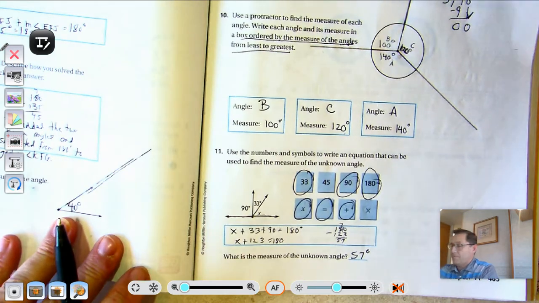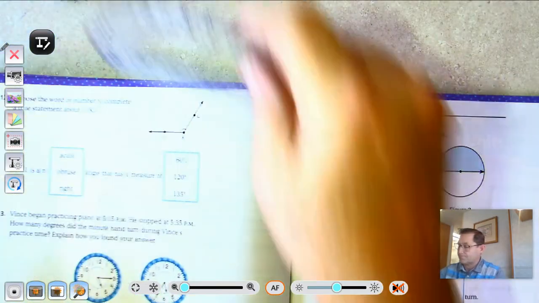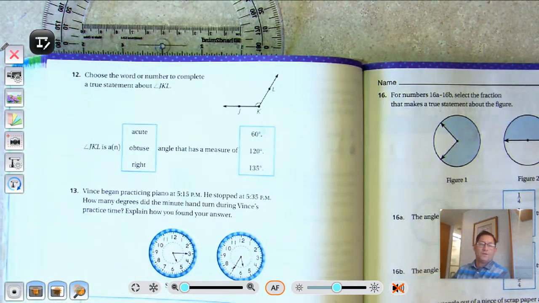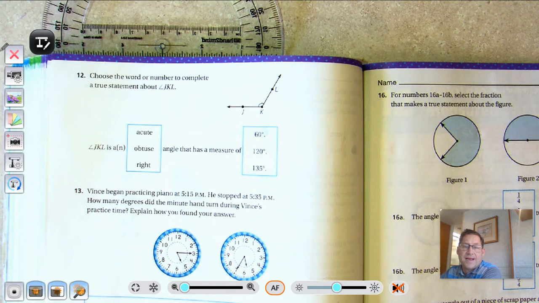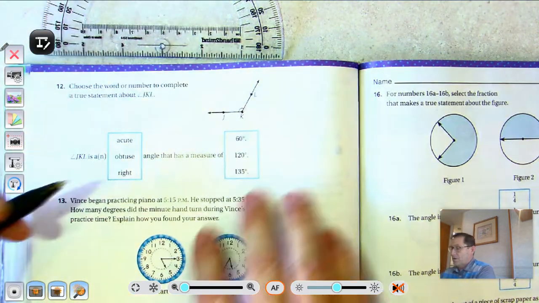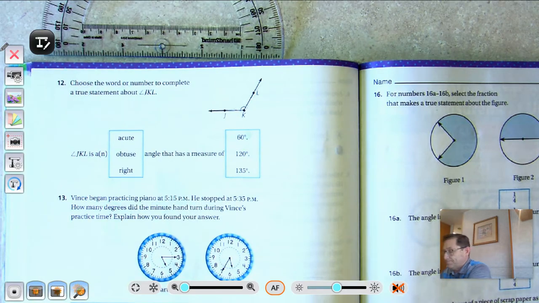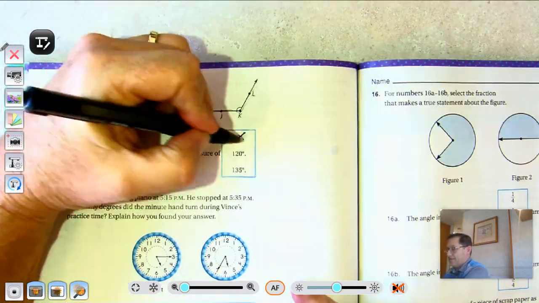Okay, page 466, number 12. Choose the word or number to complete a true statement about angle JKL. Angle JKL. Okay, well, that's an obtuse angle. And its angle is, so it can't be 60 degrees.